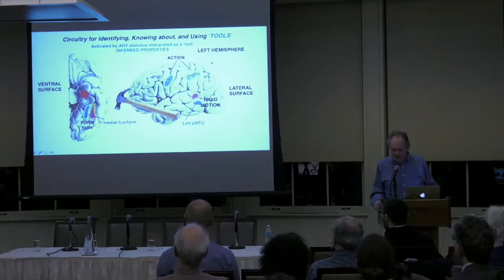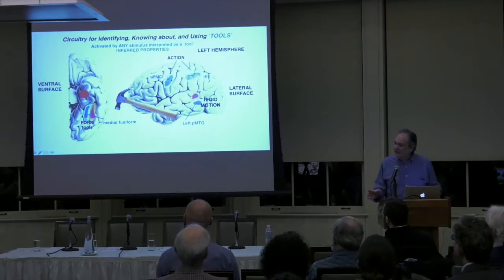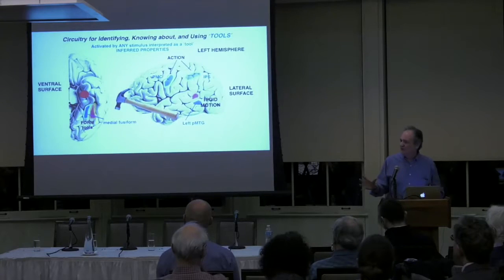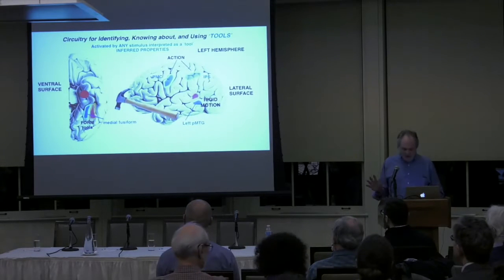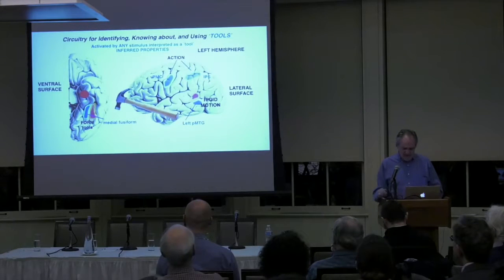And finally, up here in what's called the dorsal stream are areas that are responsible for manipulating and grasping, and that's where we store that kind of knowledge. So the whole circuitry is these blue areas that I've laid out for you.